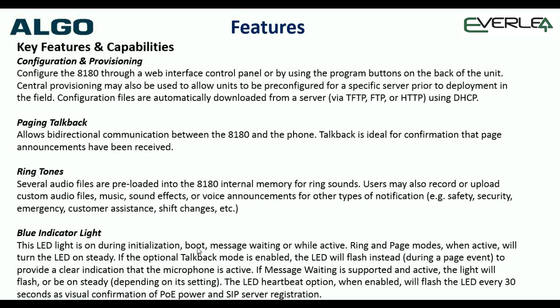As long as the unit is ringing, it'll play this message. Okay, the 8301 does it much better, but at a pinch, you can get a similar solution with the 8180. And the blue light indicator we have also talked about in regards to what we can use it for, message waiting, or whether it's registered or whatever, programmable.